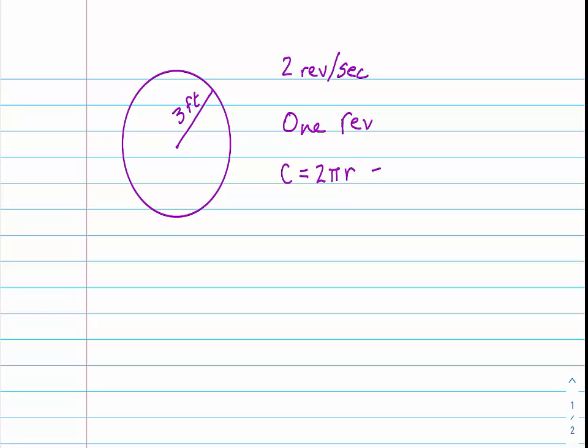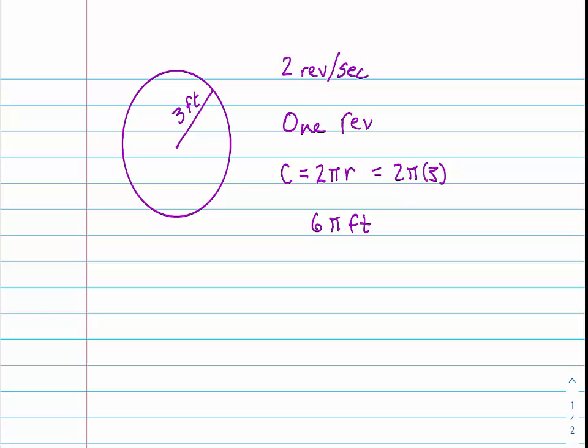In this case, the radius is 3, so we have 2 pi times 3, which is 6 pi feet. Whenever this tire makes 1 revolution on its journey down the hill, 6 pi feet are covered.